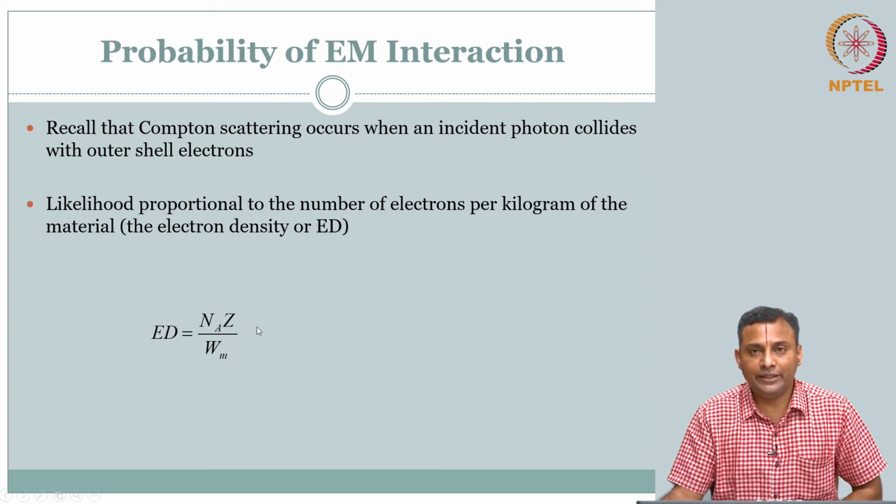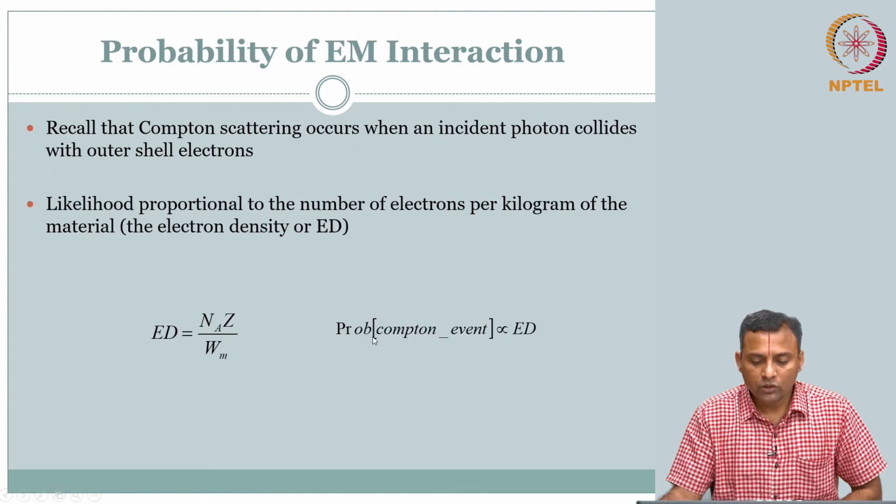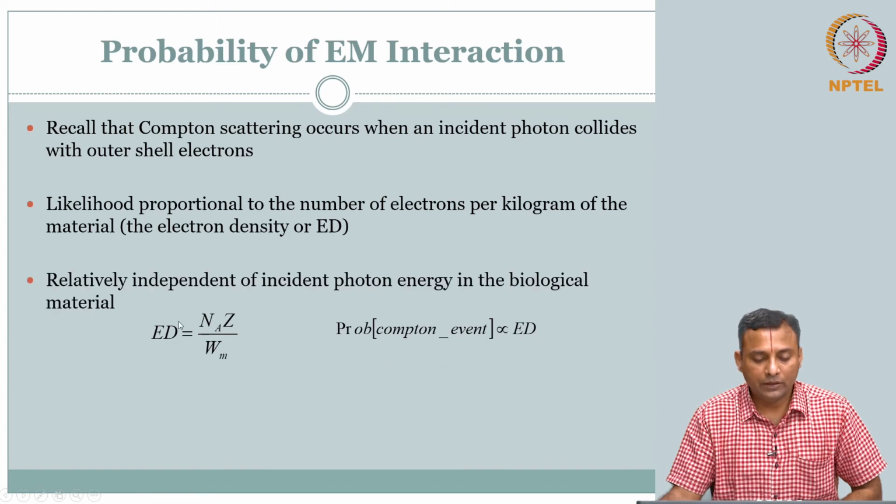And then you have your Z. So that tells you the number of electrons in an atom. You can get that, and then you have your weight. Okay. So with that you can have electron density. So the likelihood is proportional to your electron density. So the probability of your Compton event is directly proportional to your electron density.